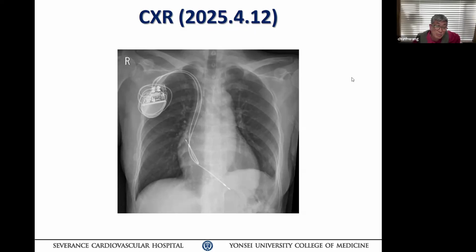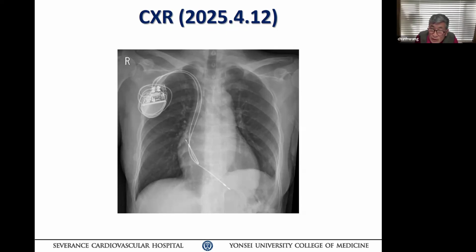Now, for a right side implant, do you use a shorter lead or the same size lead? Have you thought about that? My question is, do you use a shorter pacemaker lead length for the right implant versus the left side? Because the right side requires a shorter length than the left side implant.